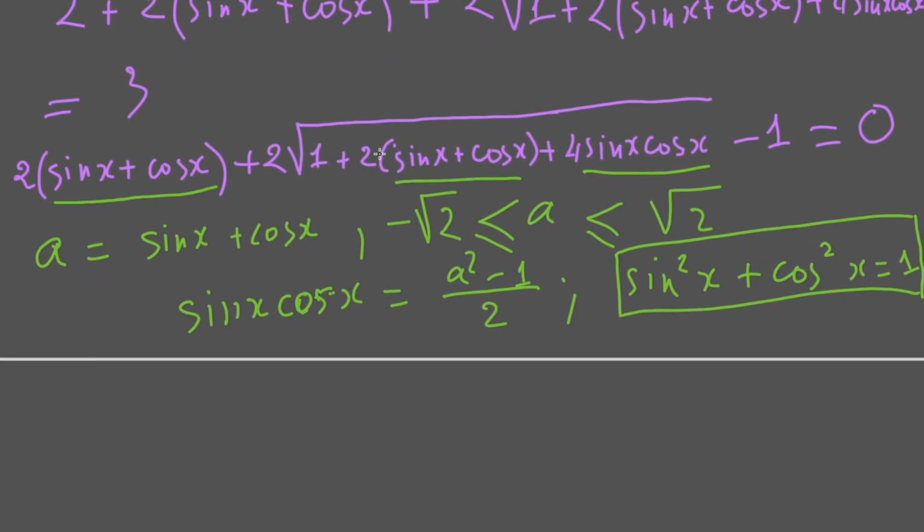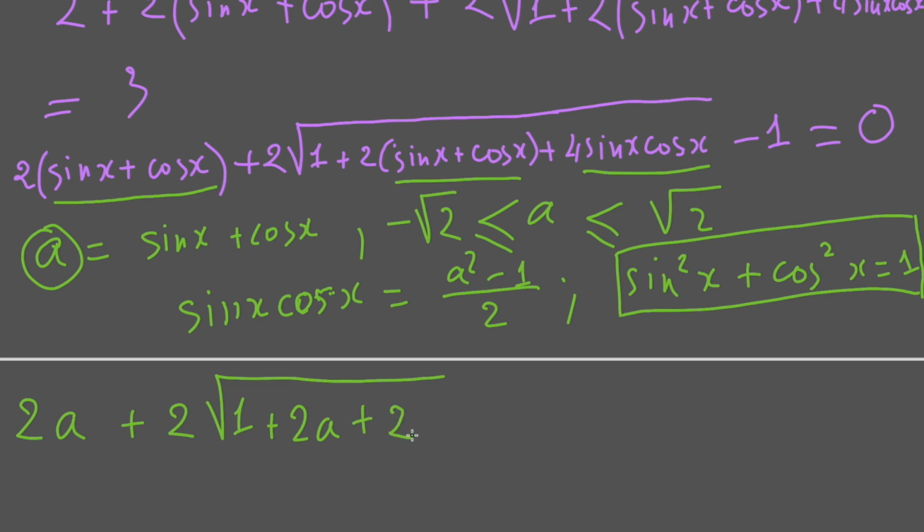Then we rewrite the equation with this substitution: 2a plus 2 square root of 1 plus 2a plus 2a times a squared minus 1 over 2 ... sorry, minus 1 equal to 0.